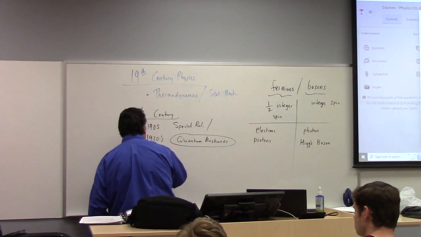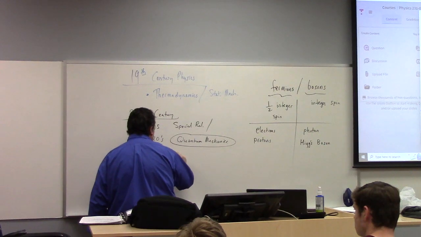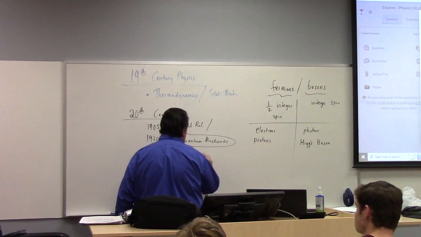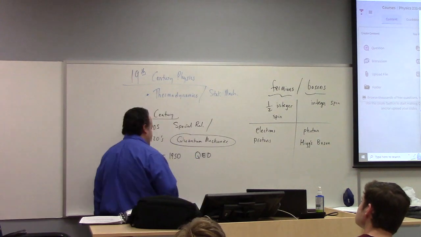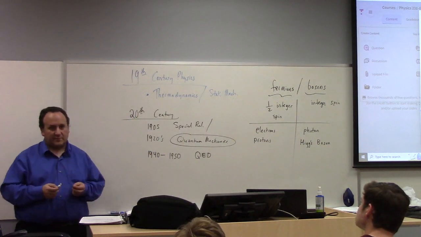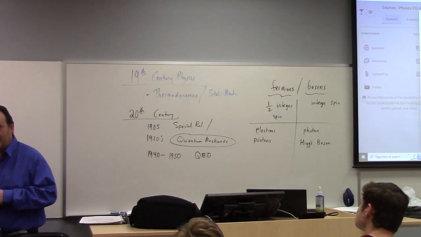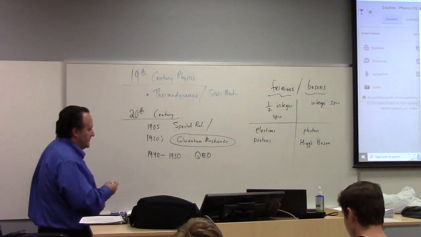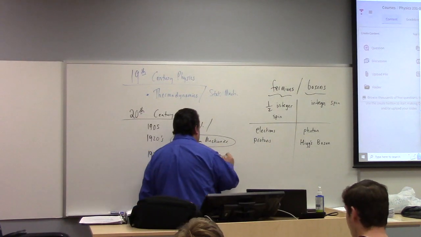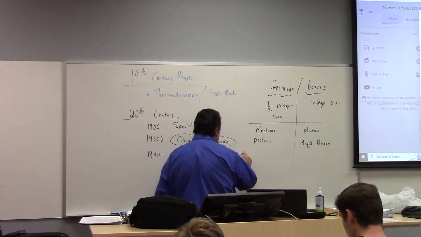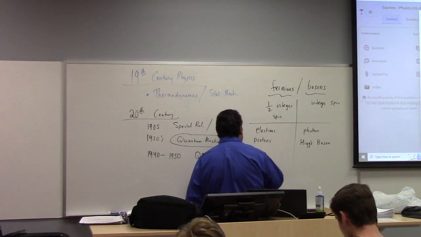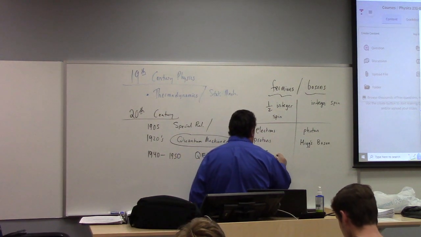So this is the 1940 to 1950 period. QED. QED is not a pretentious thing to put at the end of a math proof. It's actually quantum electrodynamics. This is the theory which is, in essence, quantum mechanics for photons.